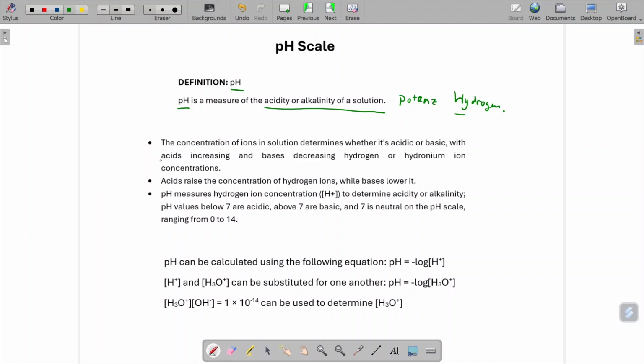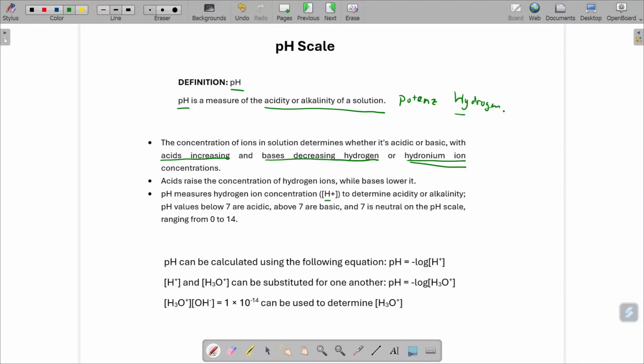So acids will increase the hydronium concentration and decrease the pH, while bases will decrease the hydronium concentration and conversely increase the hydroxide concentration and therefore increase the pH.